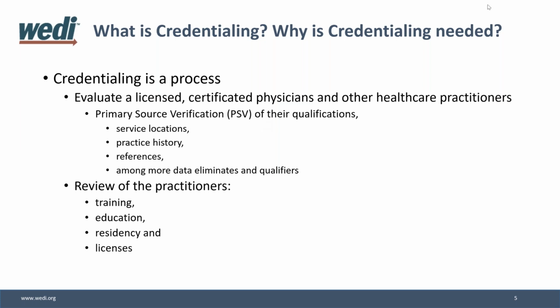In addition, we do have other data elements that are necessary and required when an individual practitioner, a doctor, physical therapist, or mid-level practitioner comes in and says they want to be a part of a health plan or payer's network. There are disclosures that are specific to that individual and that particular state.